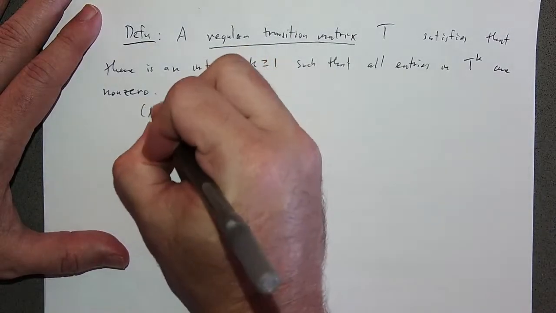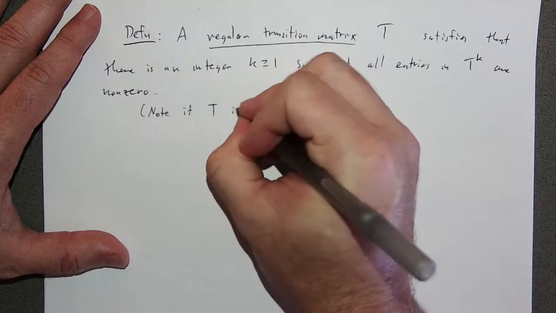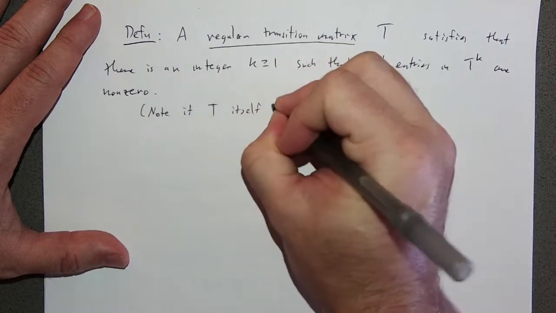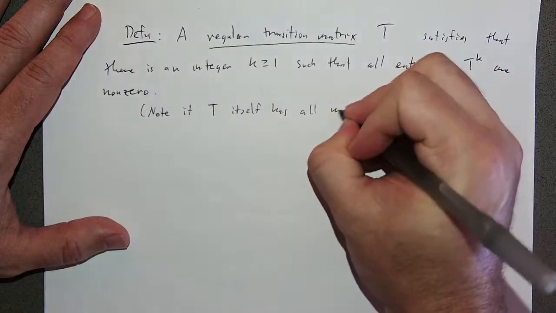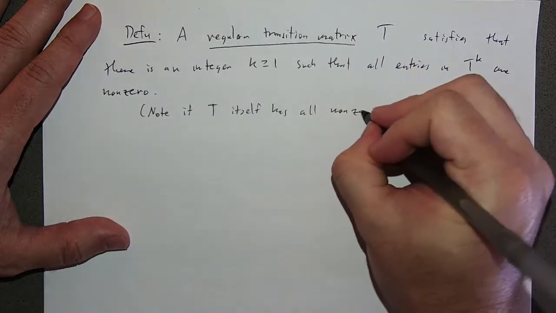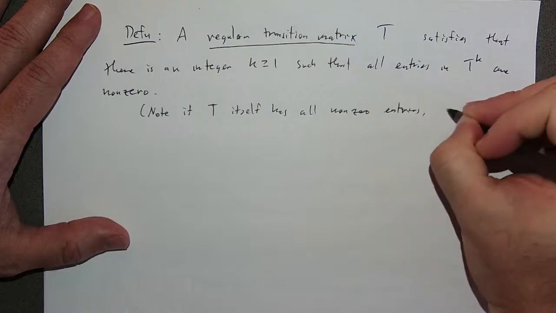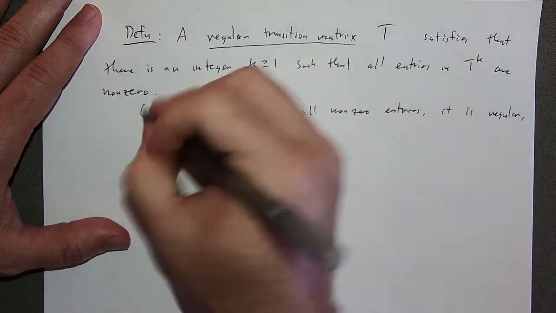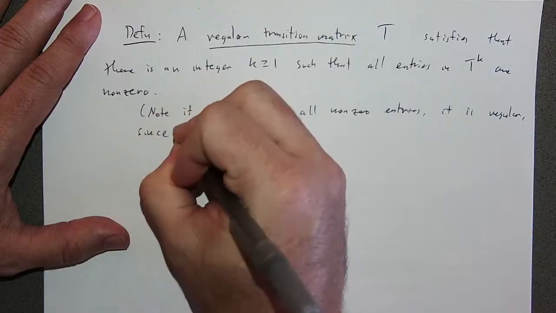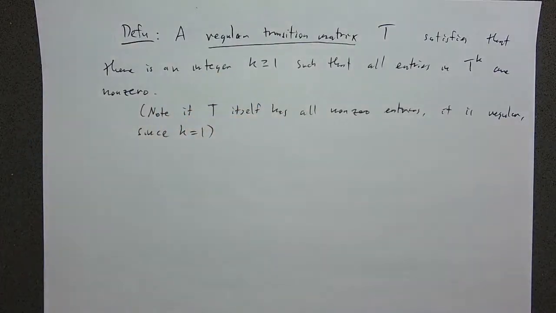Note, if T itself has all non-zero entries, it is regular, since such a k is equal to 1.